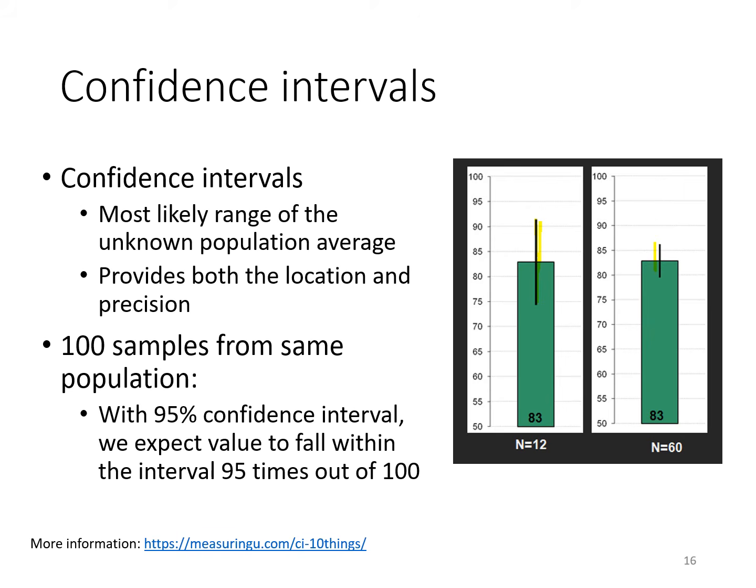So in this case, that 83%, we would expect the observation to fall within this interval 95 times out of 100. In this case, we've got a much more precise estimate, and we would expect the observation to fall within this range here, 95 times out of 100.